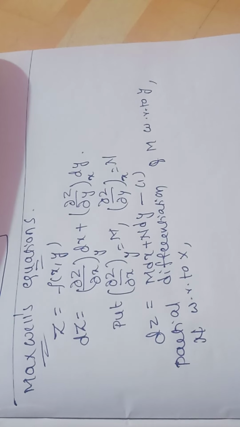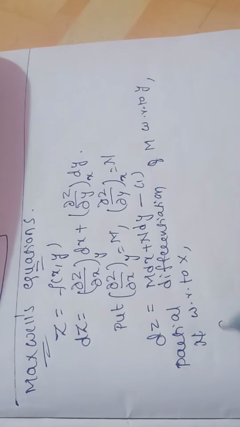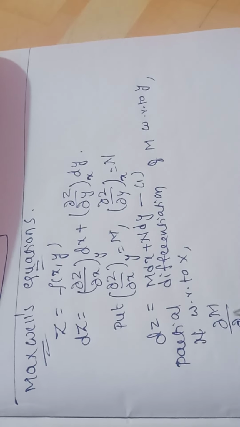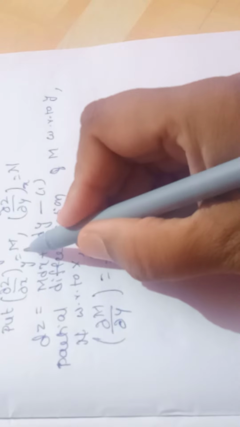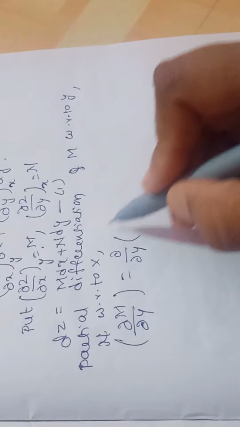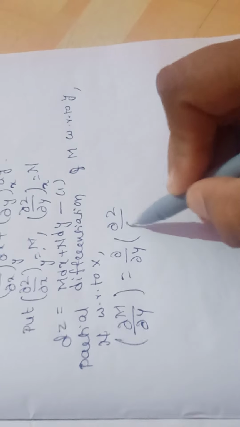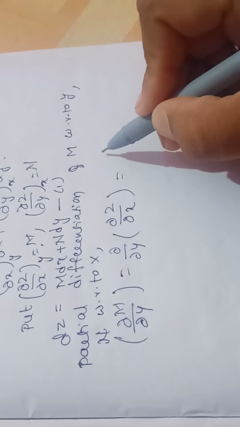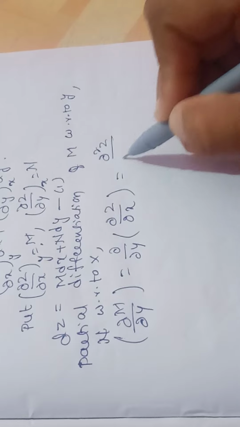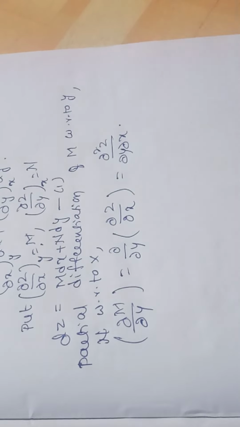We get dou M by dou y, which we can write as dou by dou y of M. But what is the M value? M is dou z by dou x. So we will get dou square z by dou y dou x.